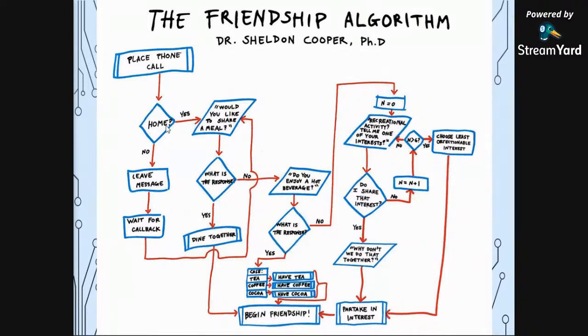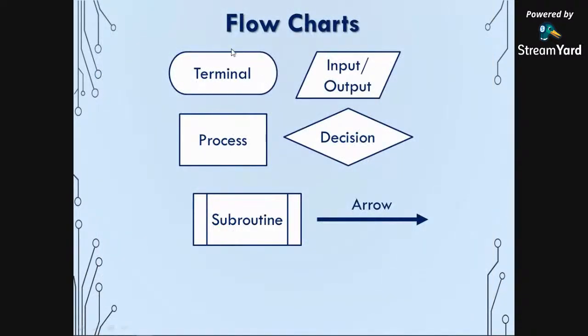Now all of these symbols mean something different, and I'm going to go through what they all mean just now. Okay, so we've got a terminal. We've got an input or an output, process, decision, subroutine, and arrow. These arrows are really important. I'm just going to go through them in a minute.